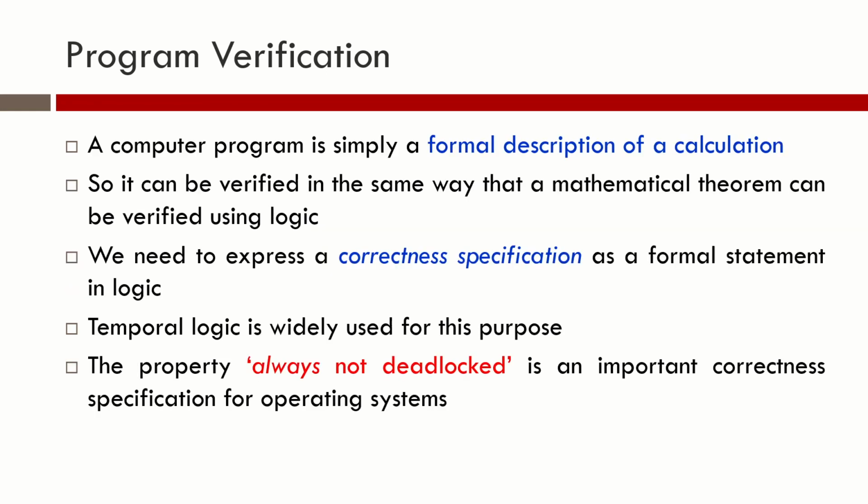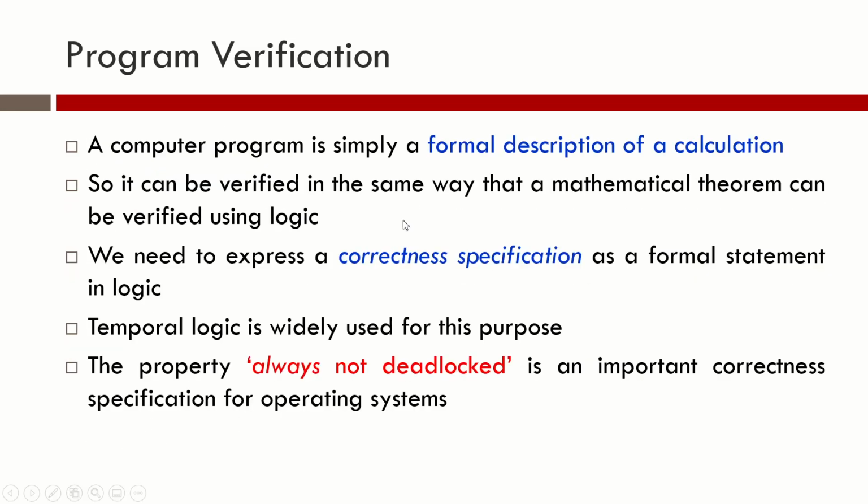So we need to formally verify our program. To formally verify a computer program, we can represent it as a formal description, almost similar to a formal description of a calculation. It is verified in the same way as a mathematical theorem is verified using logic.